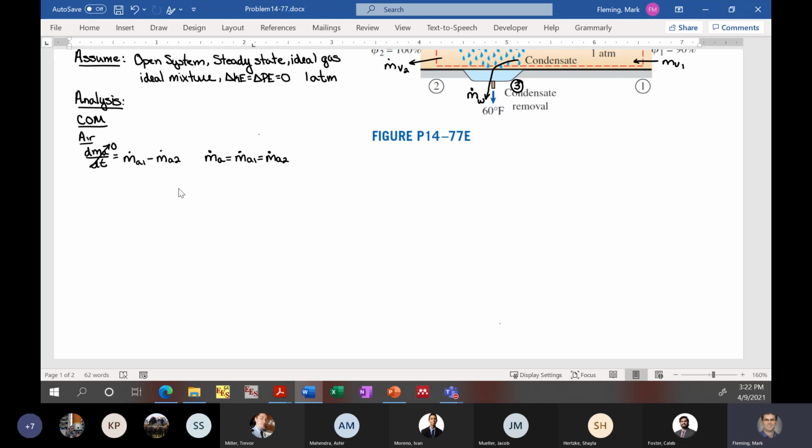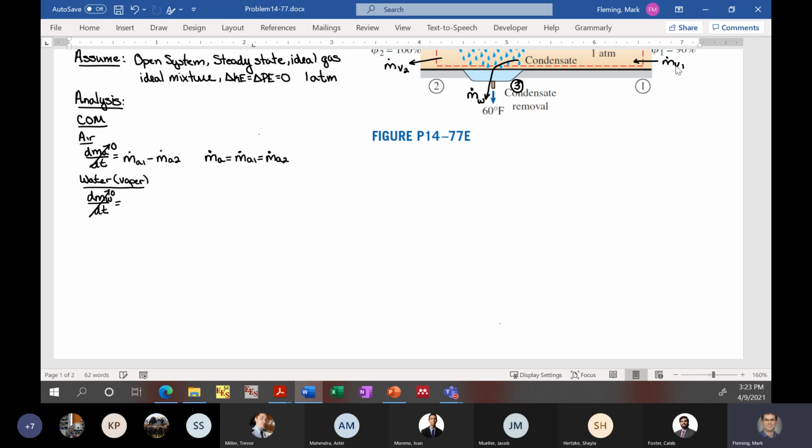Okay, so that helps us in the next step, because the next step we want to do is conservation of mass for the water, and we'll include also the vapor in terms of this analysis. And so for this, we can say the change in mass of the water inside the system with respect to time goes to 0 because of the steady state assumption. And we said that has to equal the mass flow rates of the water coming in.